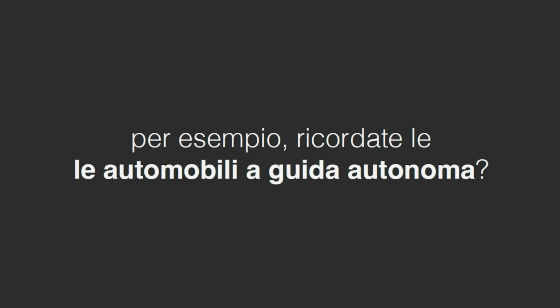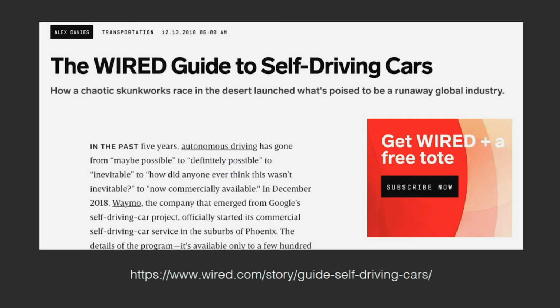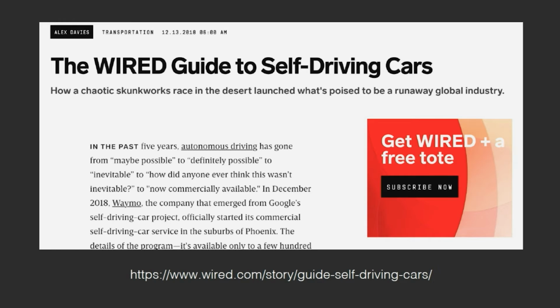One example above all, let's talk about self-driving cars. This is a screenshot of a page on Wired. It's called the Bible of Silicon Valley. It's a magazine, and they inflate these media waves.